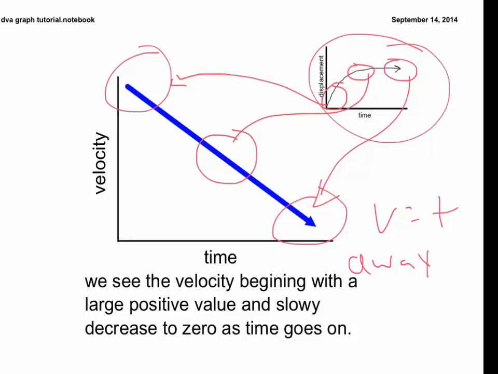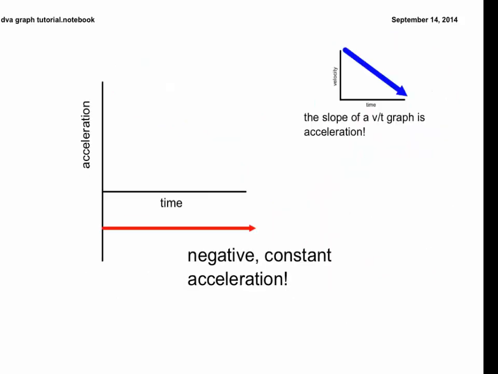So, what would the acceleration of this object be? Well, remember, we're starting out with a large velocity and ending with a small velocity. Our velocity is decreasing. Another way you could think of this, remember, is that acceleration is the slope of a velocity time graph.